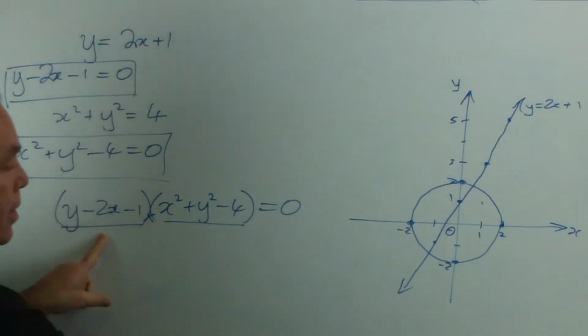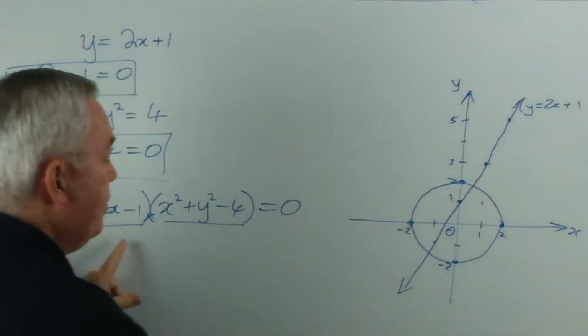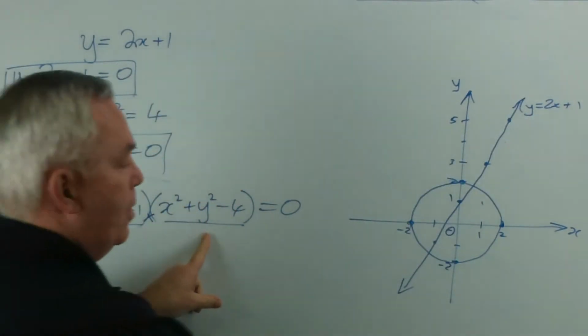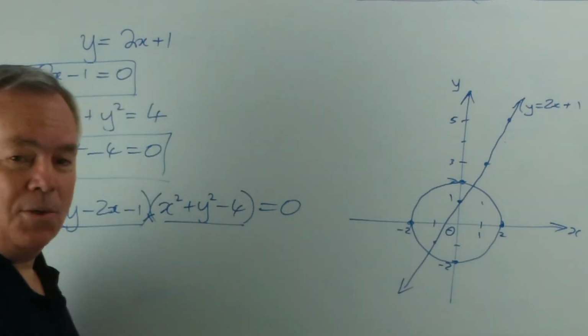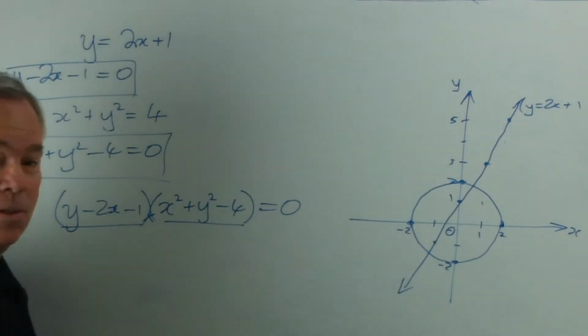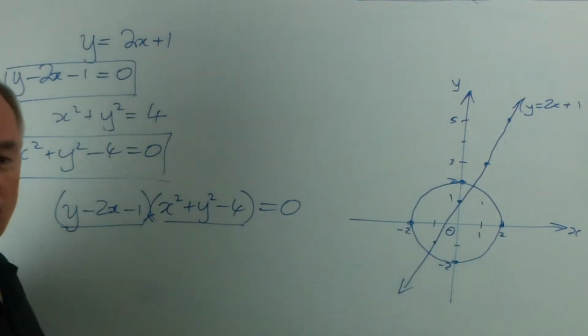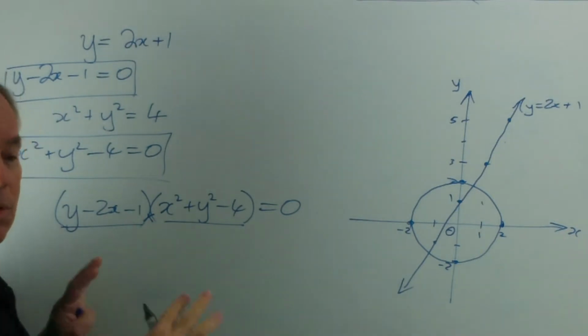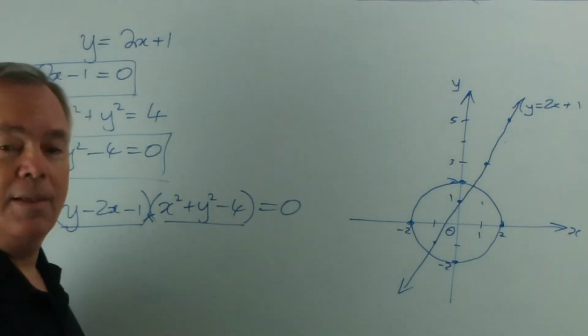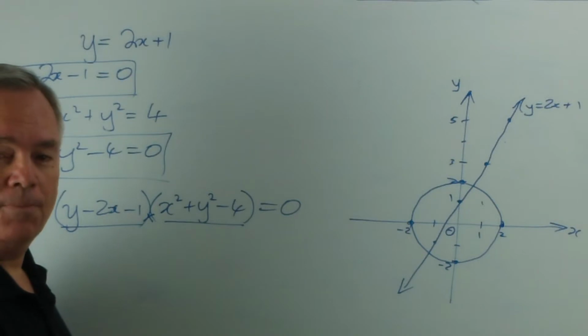If this is 0, it graphs that line. If this is 0, it graphs that circle. So guess what this graphs? It graphs the 2 of them. And that's the principle I want you to understand in this particular video.